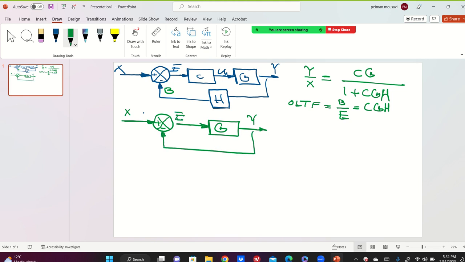Still, this is E, error signal. So by doing that, Y over X closed loop transfer function was G over 1 plus G. Okay, you see that we removed C from here and H from here, and C from here, G over 1 plus G. And the open loop transfer function is going to be G, obviously, by removing C and H.